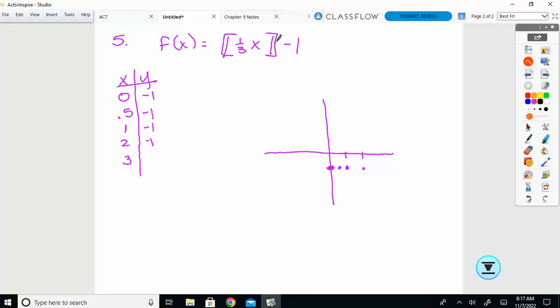Alright, when you put in a 3, 1/3 times 3 is 1. Greatest integer of 1 is 1 minus 1 is 0. So 3 is when we jump up here. So the steps are 3 units long. And then you jump up. What was my rule when you graph these?